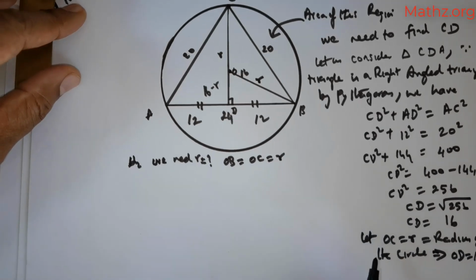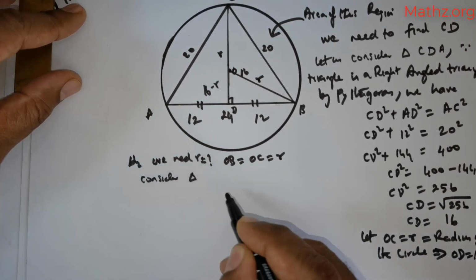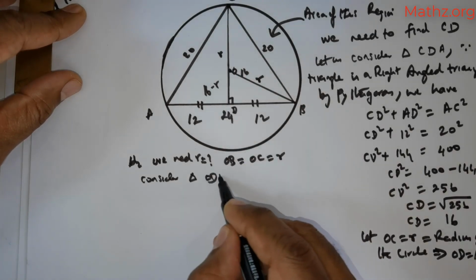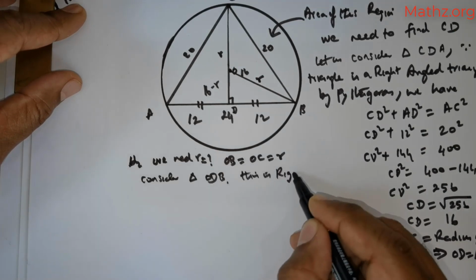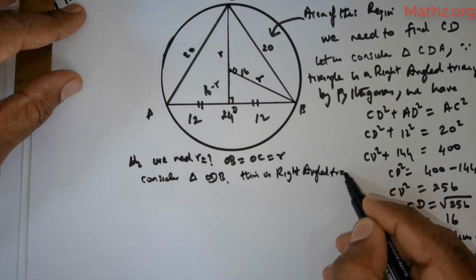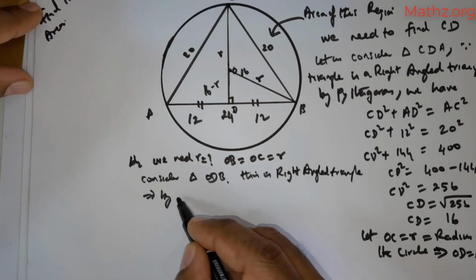Now I would consider triangle ODB. Now this is a right angle triangle. Right angled triangle, so I can apply Pythagoras.